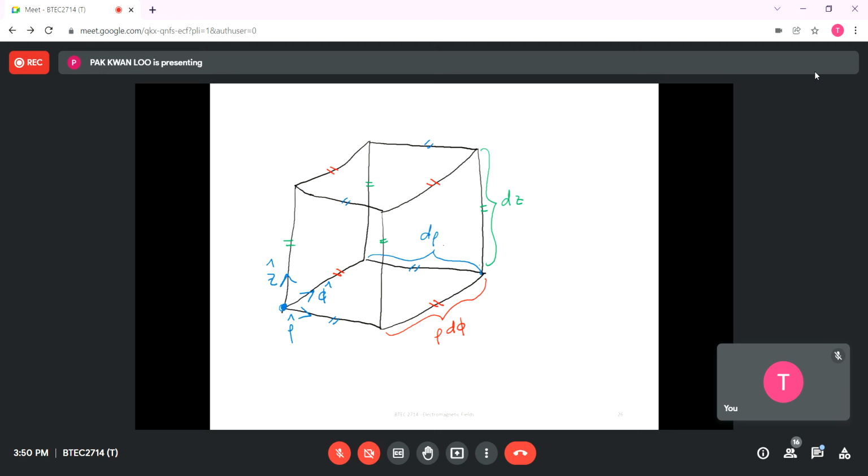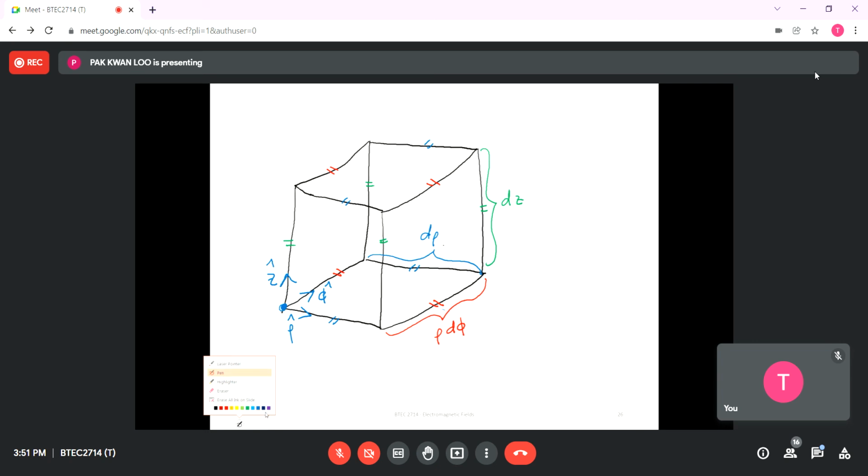The rationale is that there is supposed to be a different length here, but because of a very small displacement, we assume that the ones I mark with the same color have the same length in this differential cube. So the red ones are rho d phi, the curvy length, the green ones are dz, and the blue ones are d rho.